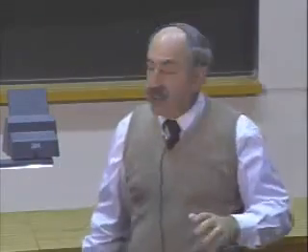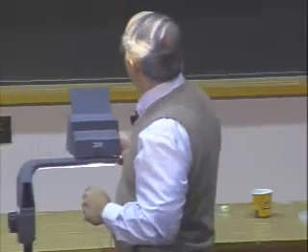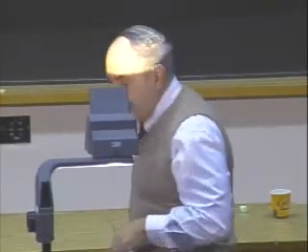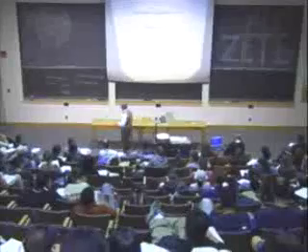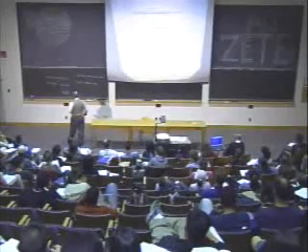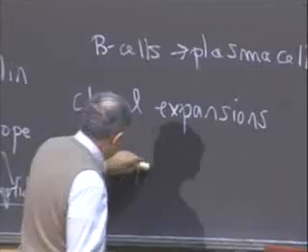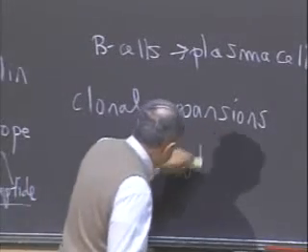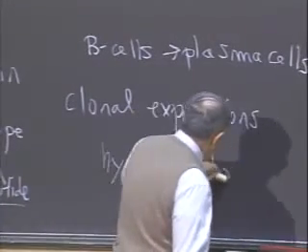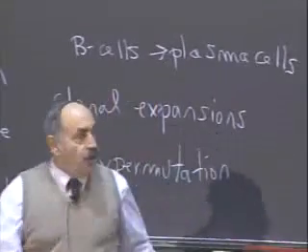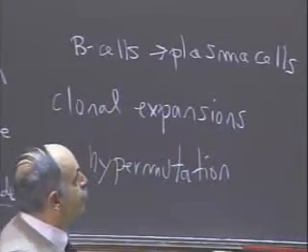And then finally, once this gene has been created, there is a process which is called hypermutation, where through mechanisms which are not well understood, the nucleotide sequence of this region is actually further changed. It's mutated by certain enzymes.